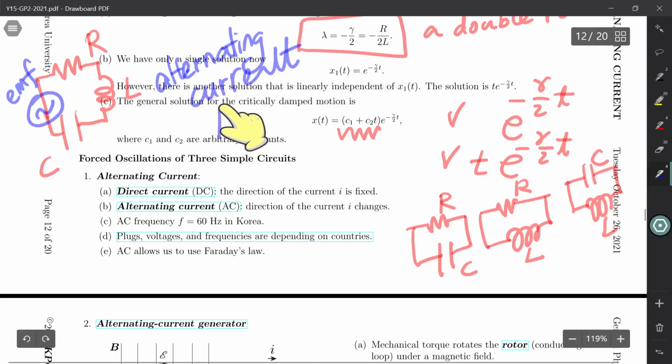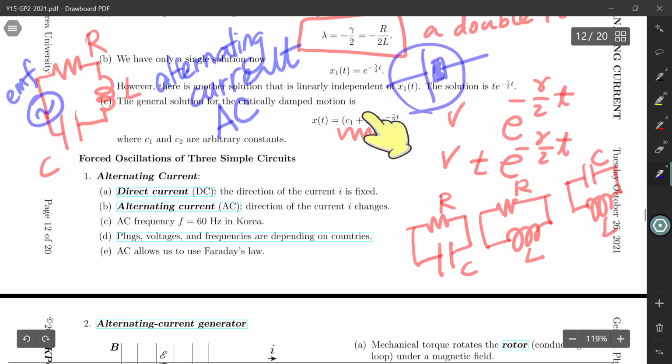Alternating current is AC. In case we apply a battery, this EMF is DC, direct current.